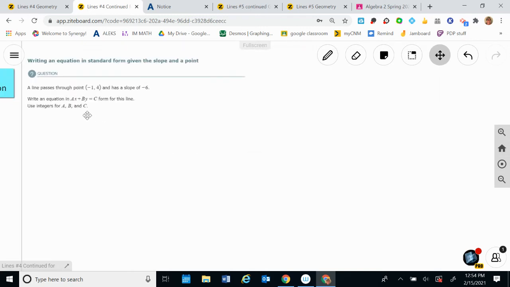Now it says to put it in standard form. Now, using my logic from before, you might be tempted to do this. But don't, because they didn't give you anything. They gave you a slope, and they gave you a point. And we don't have anything, and I'm not going to give you any complex formulas that relate this to this.